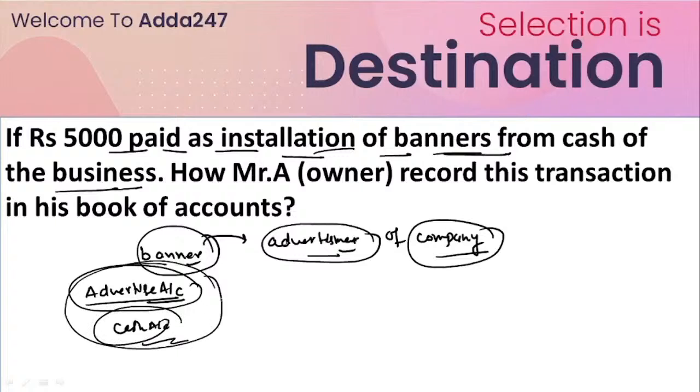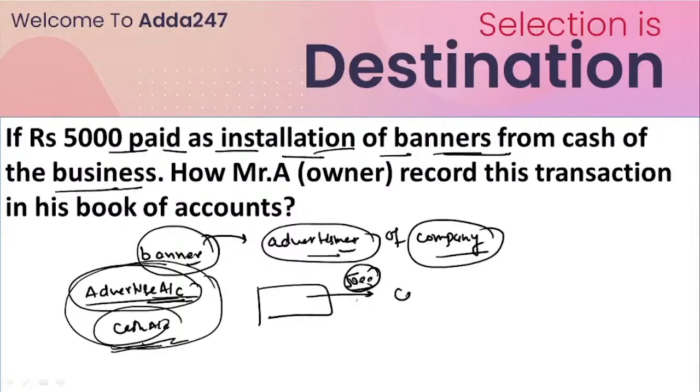Now the question is, what account should be debited and what account should be credited? We know that we are talking about the advertisement account and another account, that is cash. Should the cash account be credited or debited? Just understand, if this is our company and we just paid 5,000 rupees, that means 5,000 rupees is going out from our business.